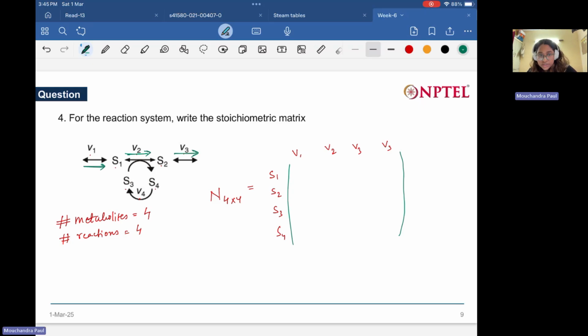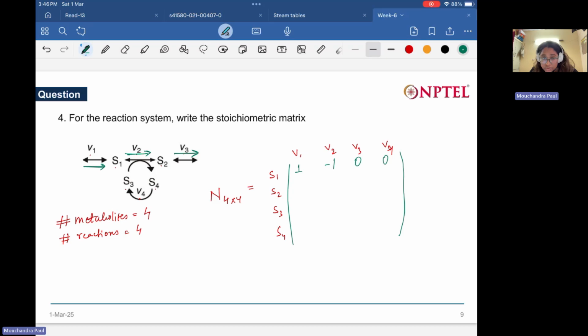And based on this forward reaction, I'll consider S2 as my reactant and S1 as my product for different reactions. So for reaction 1, S1 is the product, so plus 1. For reaction 2, S1 is the reactant. For reaction 3, S1 is not involved, whereas in reaction 4, S1 is not involved.